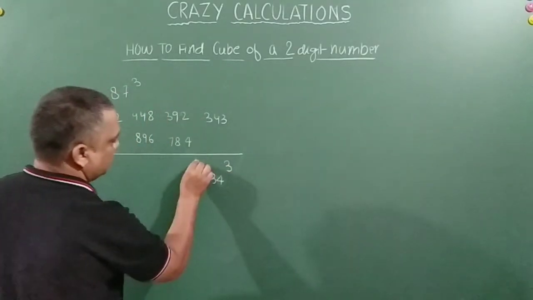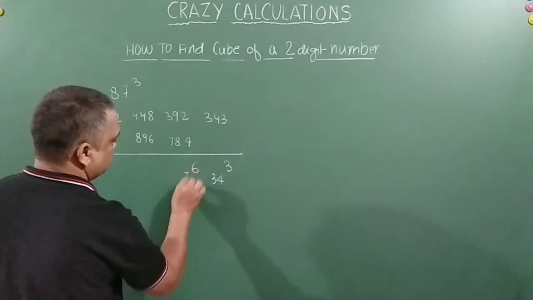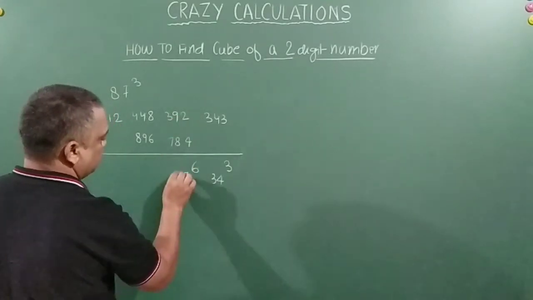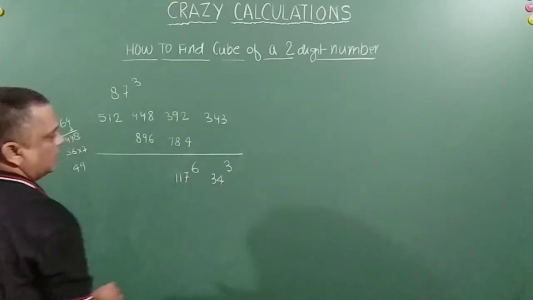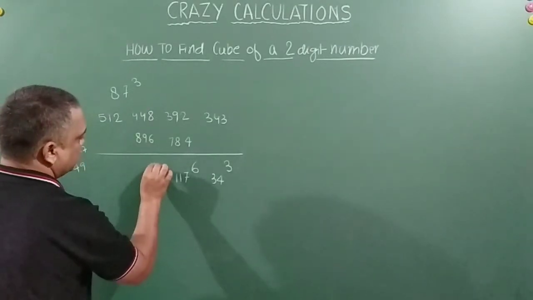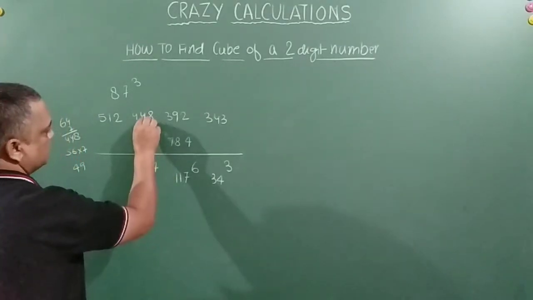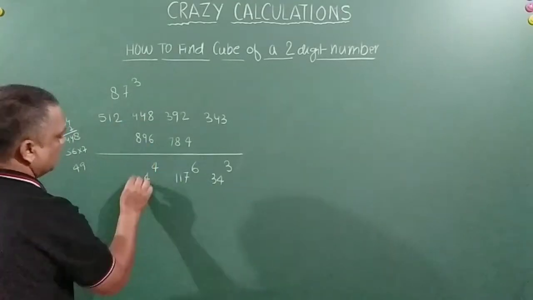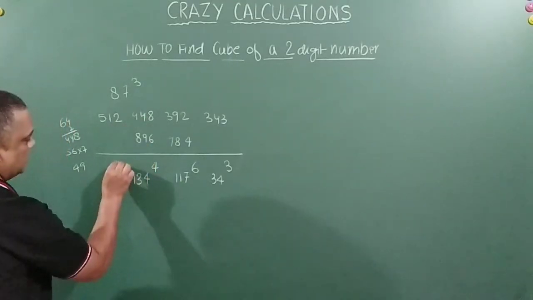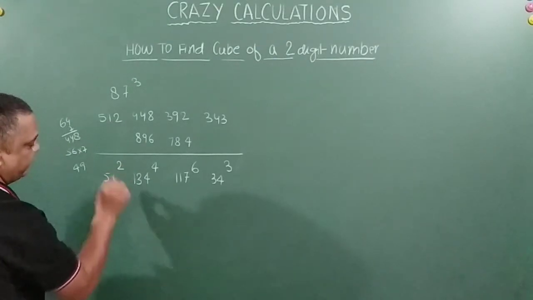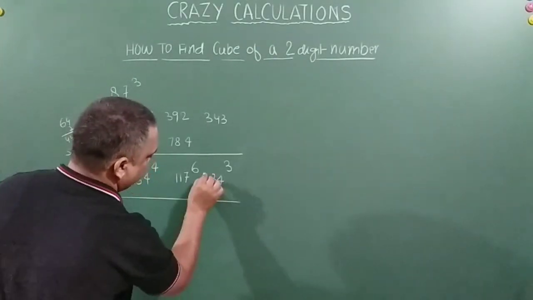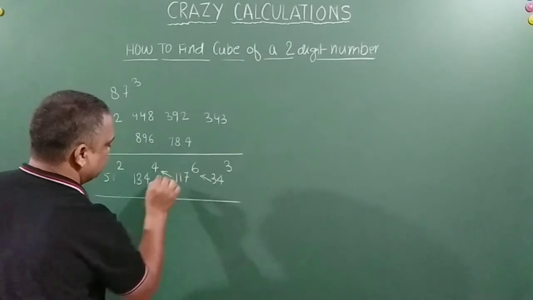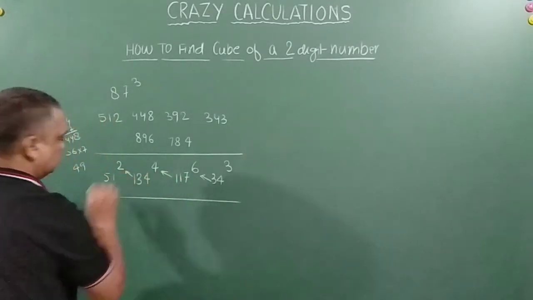Right? Correct? Two here and 51 here. Then we do addition like this. Right?